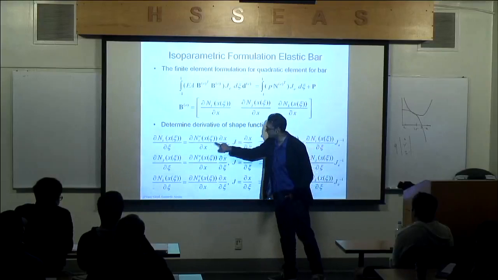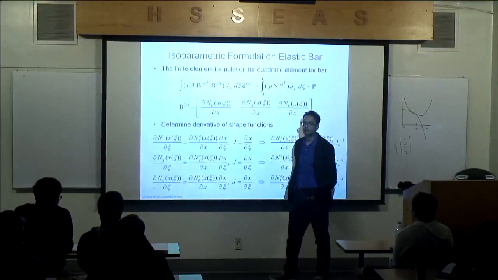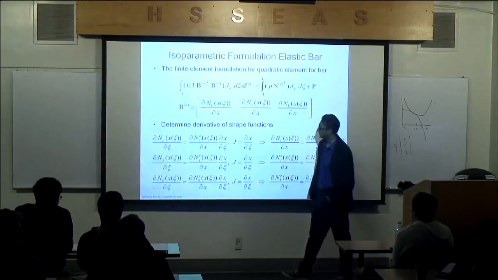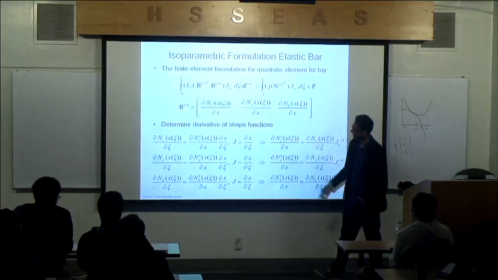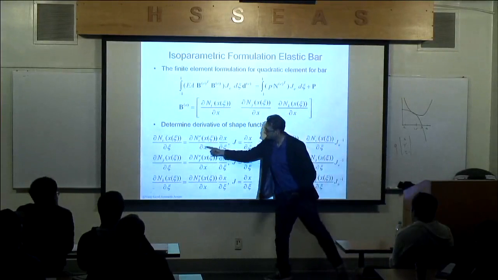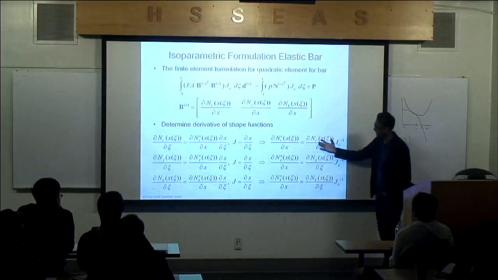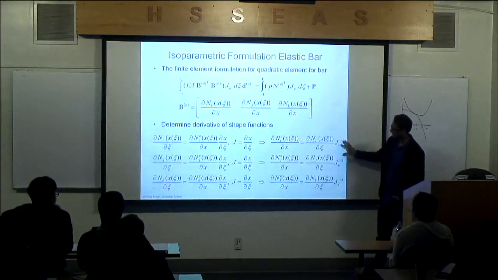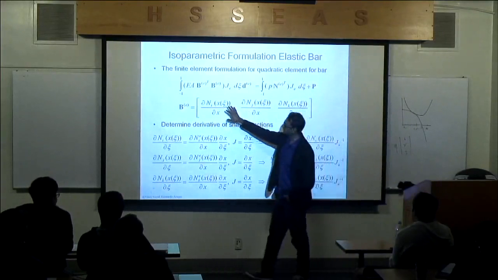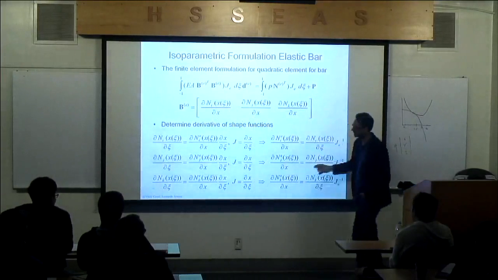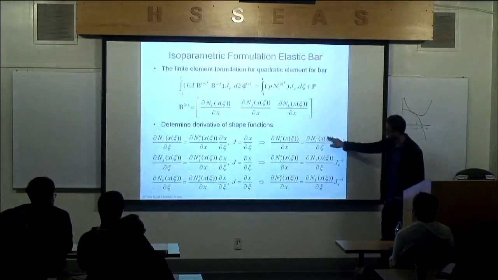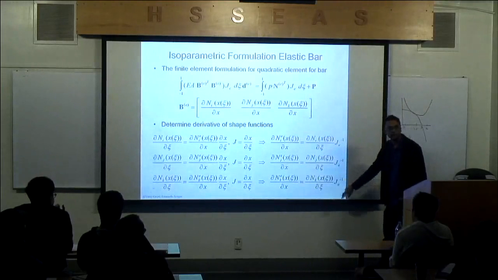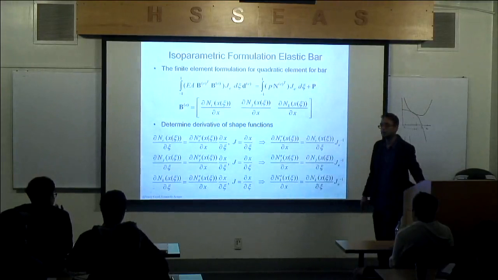So dx cancels, and then you get that one over there. This one, again, is J. You already know that. So I can solve for this here. And so now I have the component, which is that one, that has to go inside here. And I can repeat that for Nj and Nk. Okay, they all have the same thing, J inverse, J inverse, J inverse. You follow it for the quadratic element?